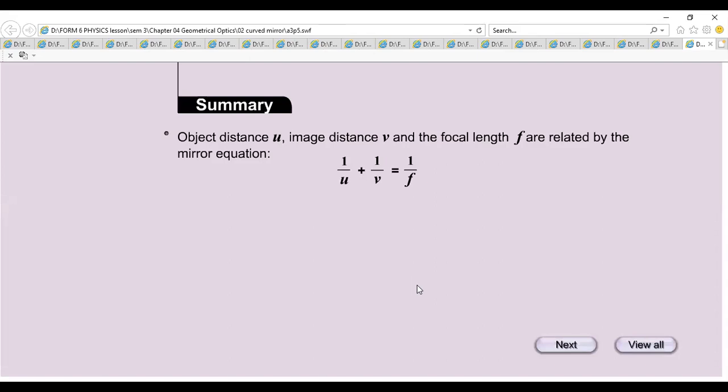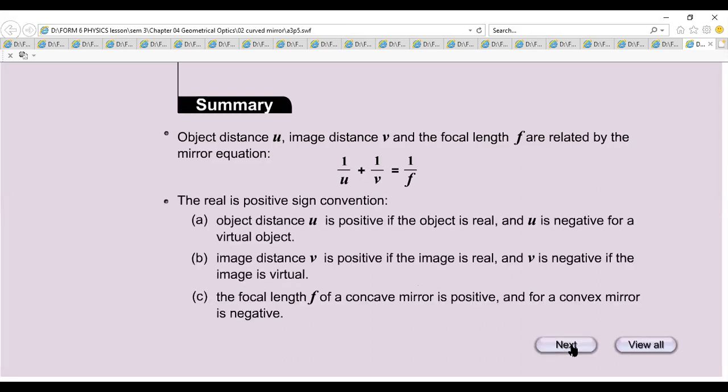As a conclusion, object distance is U, image distance is V, focal length is F, and their relationship is 1 over U plus 1 over V equal to 1 over F. The real-is-positive sign convention: object distance U is positive if it is real, and U is negative for a virtual object.